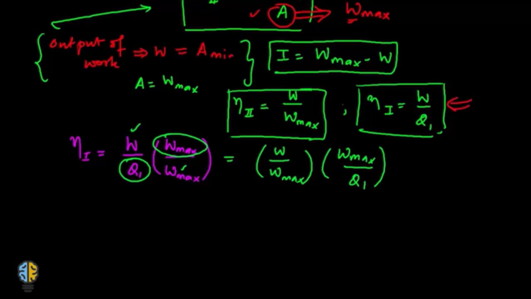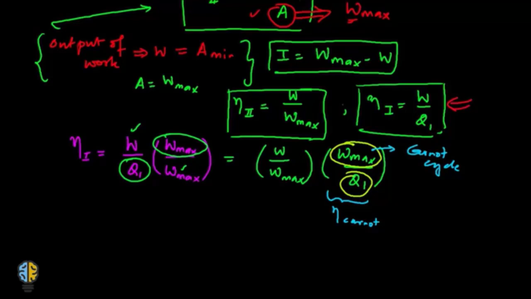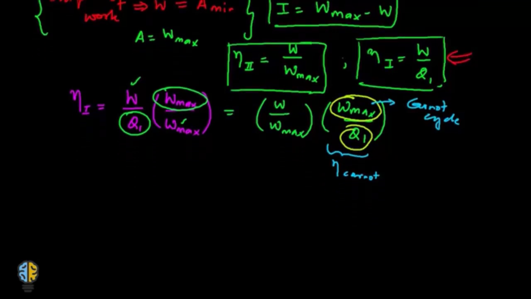One thing that you should always know is that the maximum work output for a given heat input corresponds to a Carnot cycle. So this expression gives the value of the efficiency of a Carnot cycle. I can rewrite the equation as eta 1 is equal to eta 2 into eta Carnot.